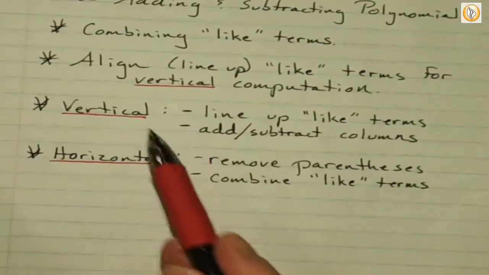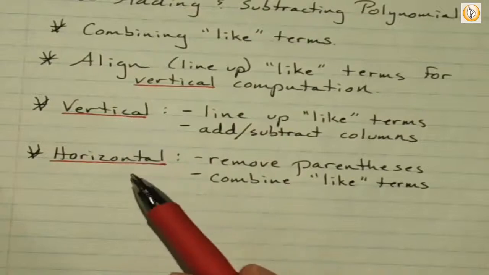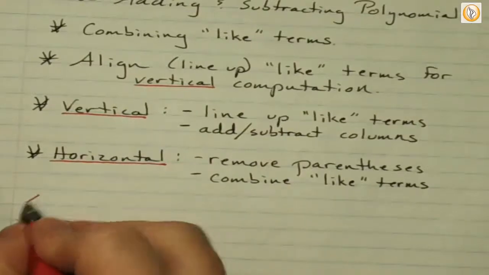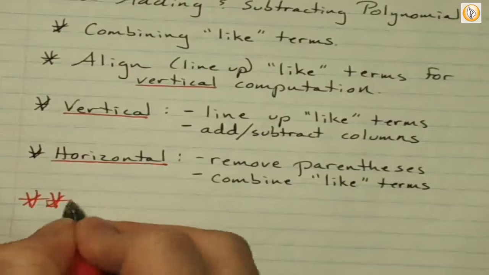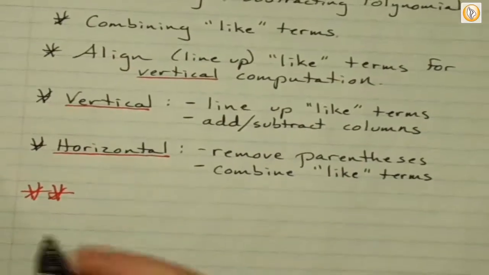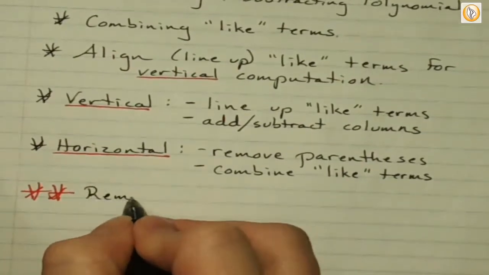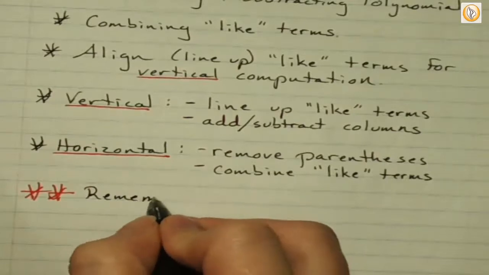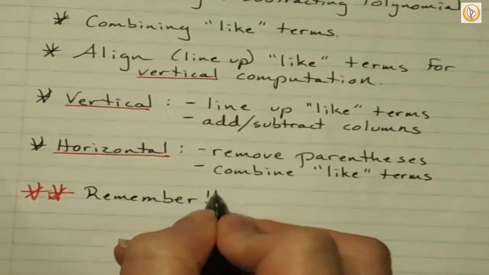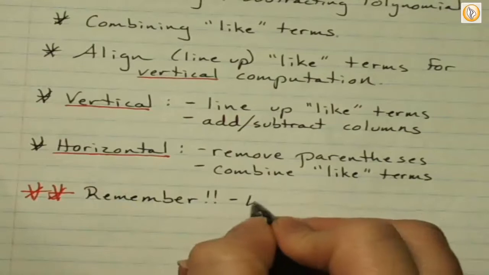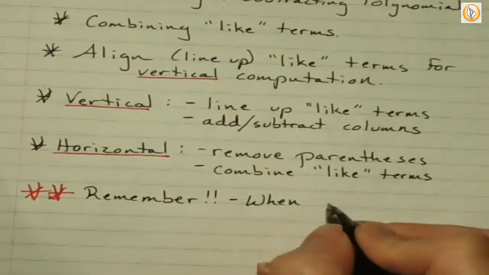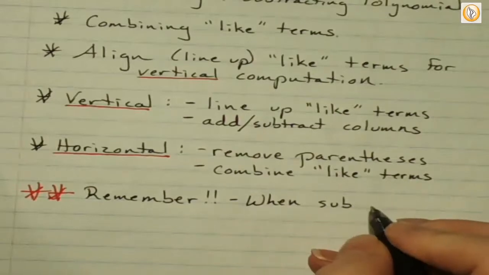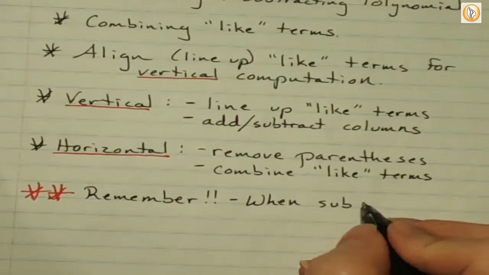But either way, whether you choose vertical or horizontal, two stars. Remember, I misspelled subtracting on here.